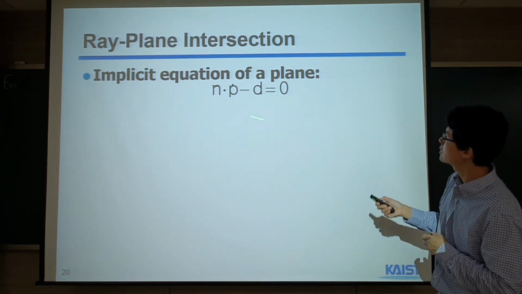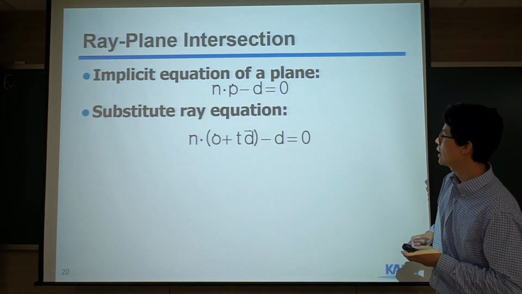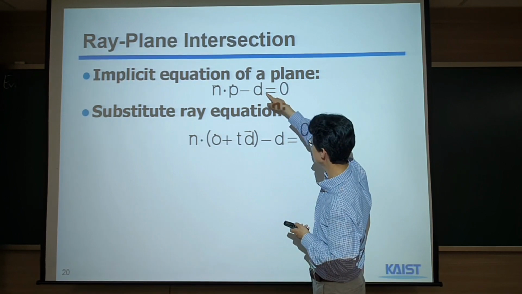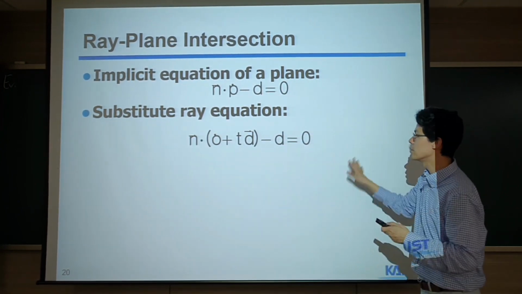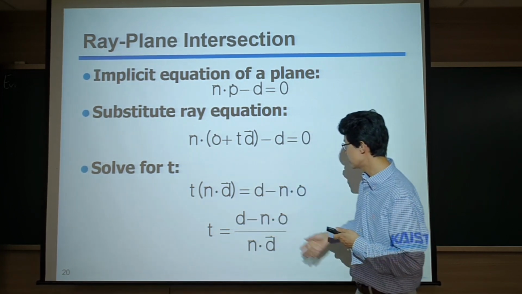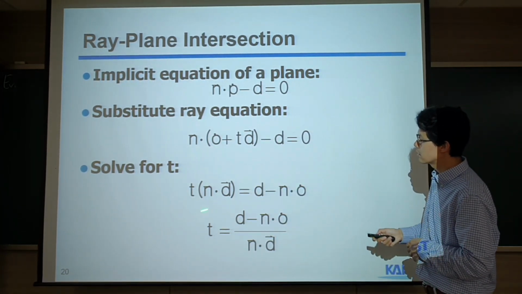So here we have a certain plane. Then we plug the ray equation into that implicit equation, and then we got this one. Then we formulated this equation like this, and then we can find the t value.